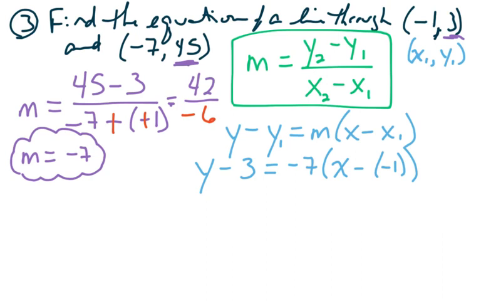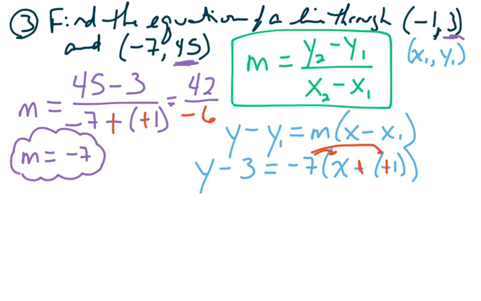Lack of space, I'll do a little cleanup right here in the same line. Subtracting a negative, same thing as adding a positive. Now I'm going to use my distributive property to get rid of parentheses, because again, that would be my answer in point-slope form, but usually they want it in slope-intercept form.